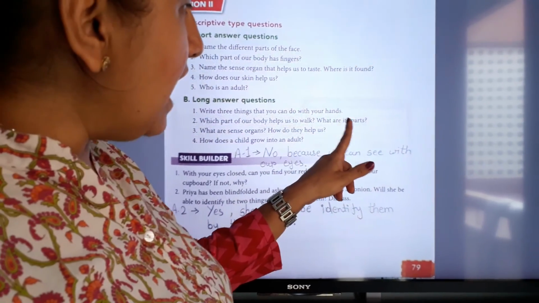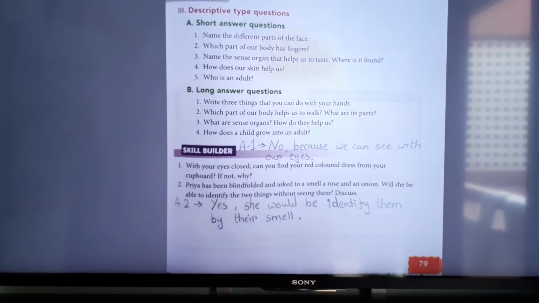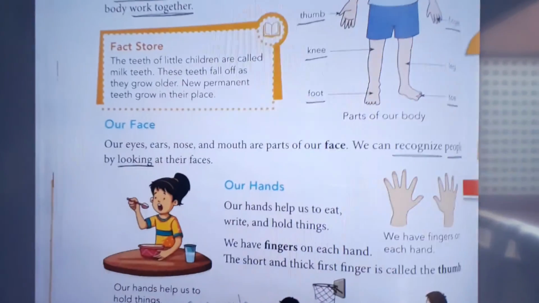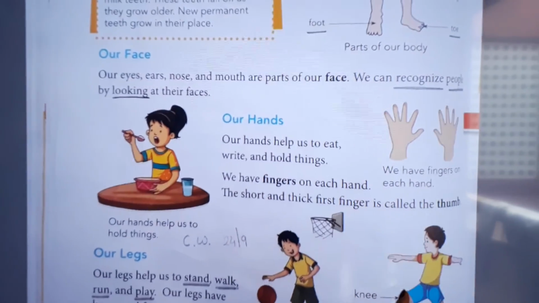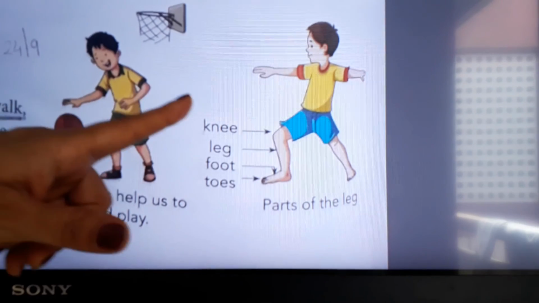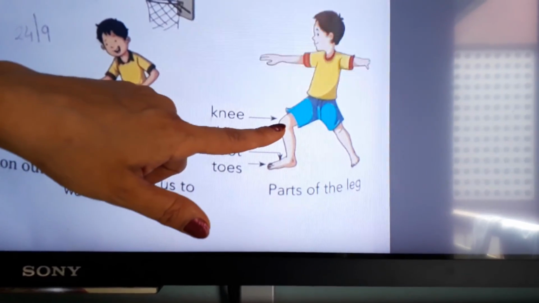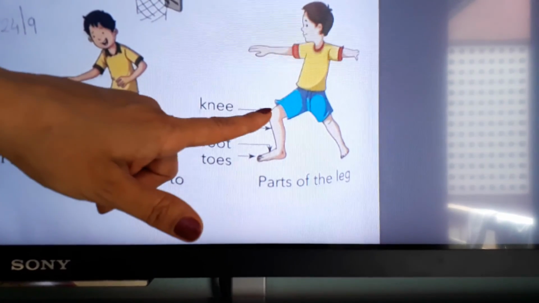And what are its parts? Let's check. I am showing you the parts of our legs. Can you see this leg? What are its parts? Yes, this is our knee, K-N-E-E.